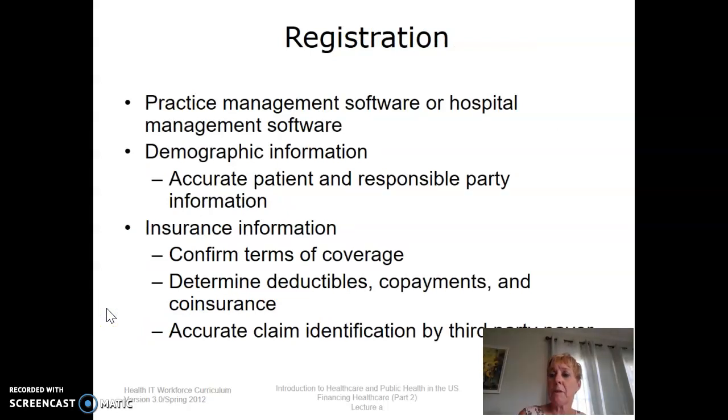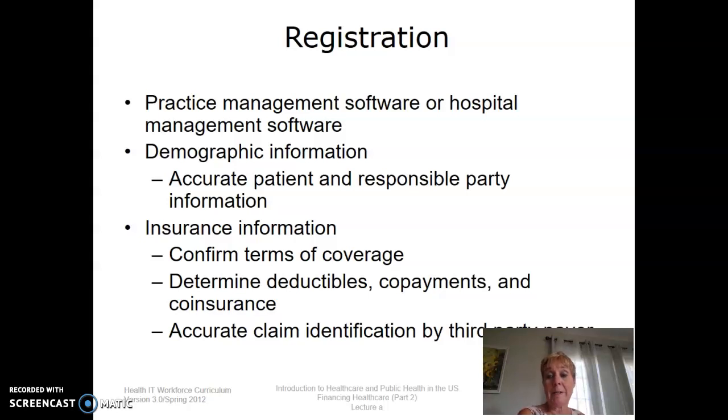Registration, you can read over. You'll learn about that in reimbursement methods, and you may have been introduced to it in health records management, but they usually use software to get a person registered. But it's very important in registration to get the right kind of information on a person's insurance. For example, I had an office visit last year. I never got an EOB for the service.